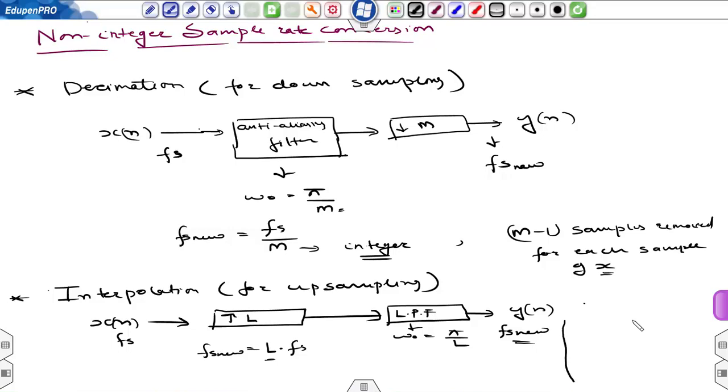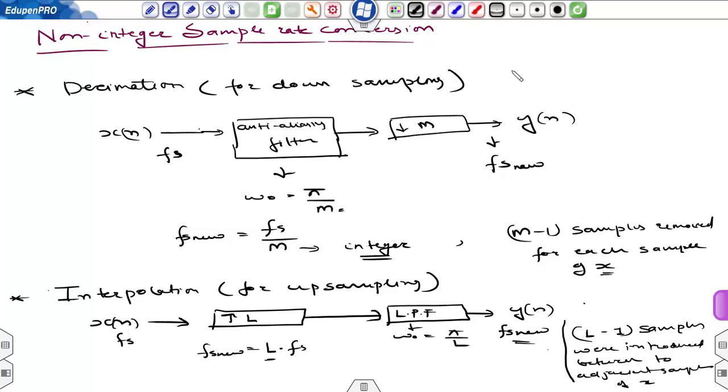This was achieved by introducing L minus 1 samples between two adjacent samples of x. So what does it mean?